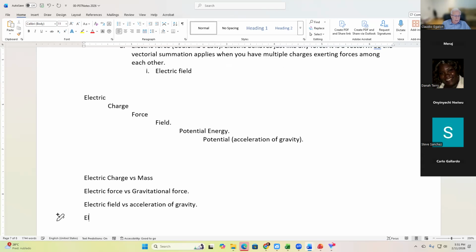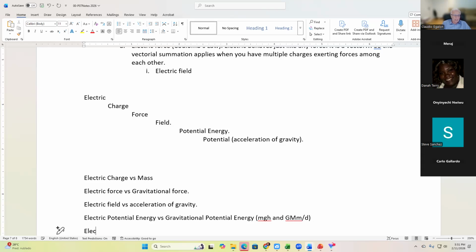The electric potential energy is related to the gravitational potential energy, which is going to be mgh, right? And that's going to be the gravitational potential energy.